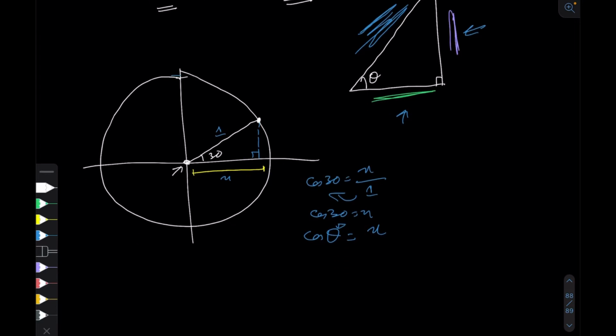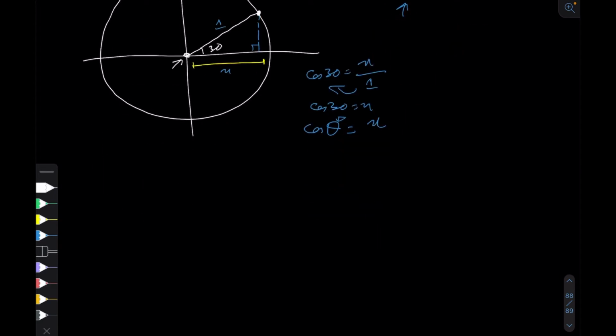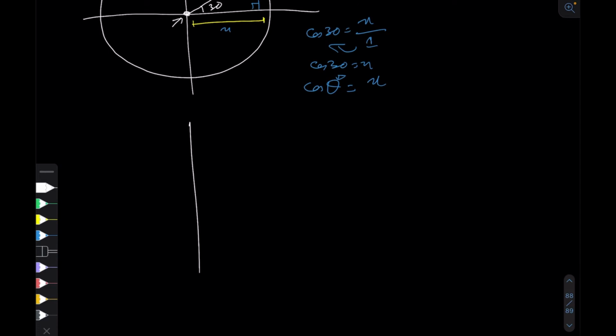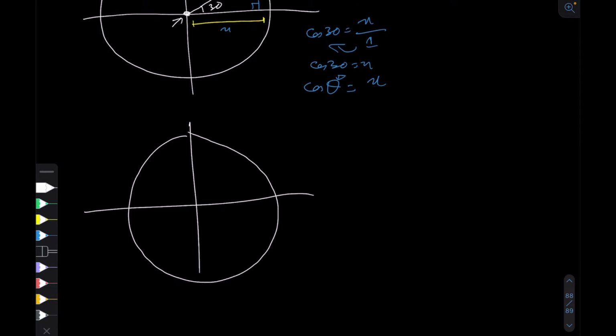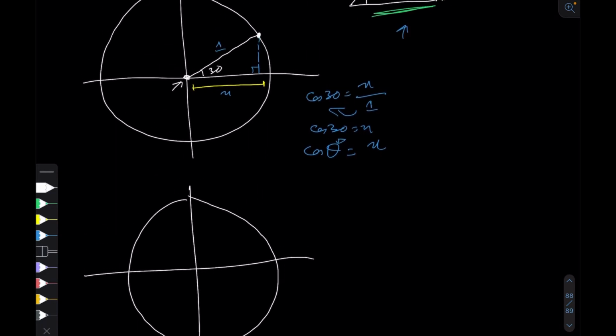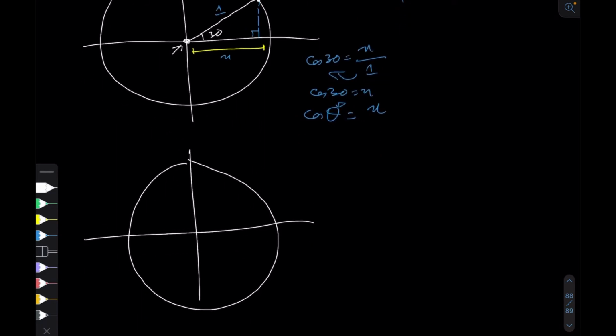And very similarly, if I talk about the importance of sine, let's draw a new one, right? So sine, much like cos, is the y component of the point. So if you're walking around in a unit circle, this is y, this is x, the vertical component of your point will be sine theta.